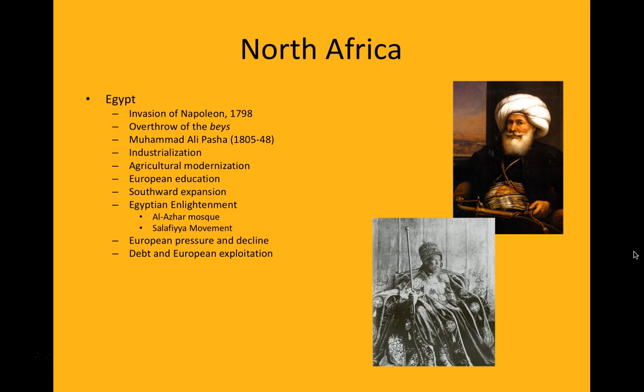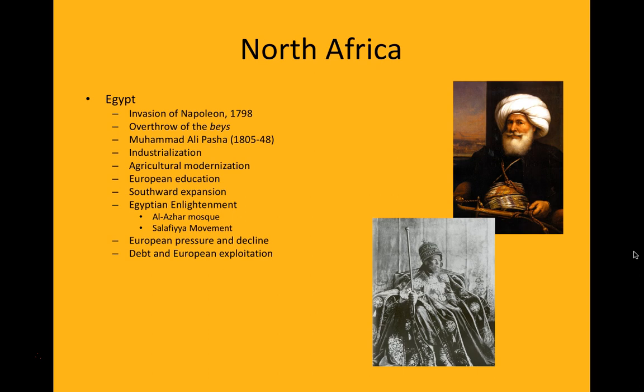And increasingly, the Europeans were functioning in North Africa in ways that were highly manipulative of the local economy. Europeans were already trying to broker deals with these nobles to get really sweetheart contracts on Egyptian goods, especially cotton. Egypt was, and still is today, in fact, one of the most important cotton-producing regions of the world.